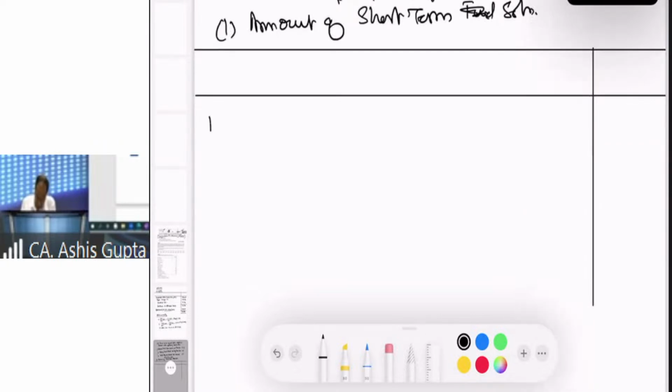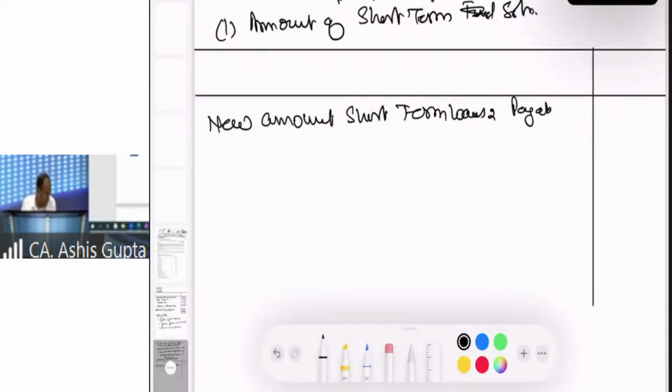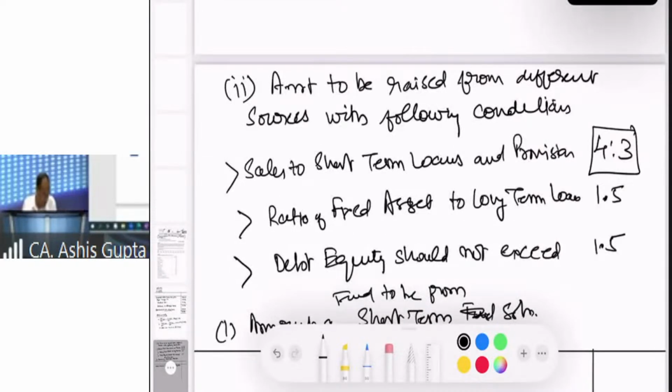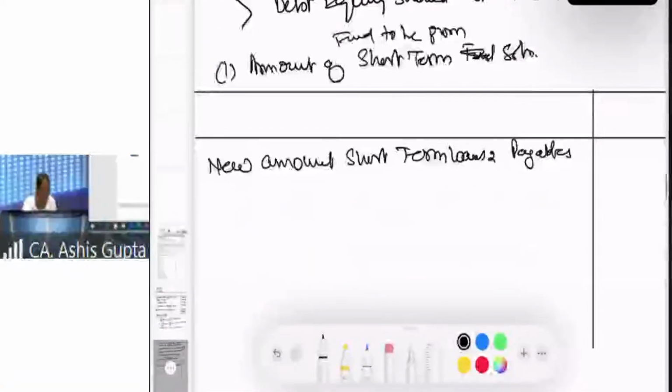Now here, students, please note the new amount of short-term loans and payables and provisions, because it says we have to maintain the ratio 4:3. If our sale is 4, then this provision amount should be 3. Accordingly, our new sale is 720, so the amount should be this.